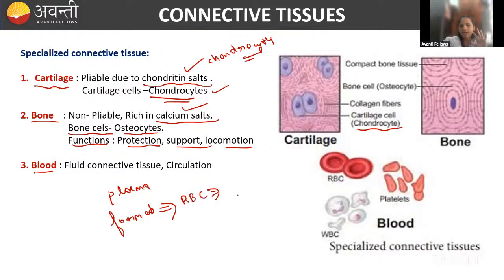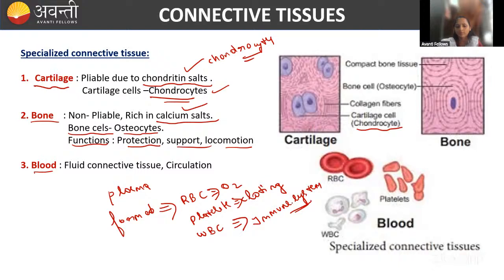RBC has the hemoglobin that mainly helps in the transport of oxygen. Platelets mainly help in clotting, forming the clotting plug. And WBC mainly helps in the immune system.